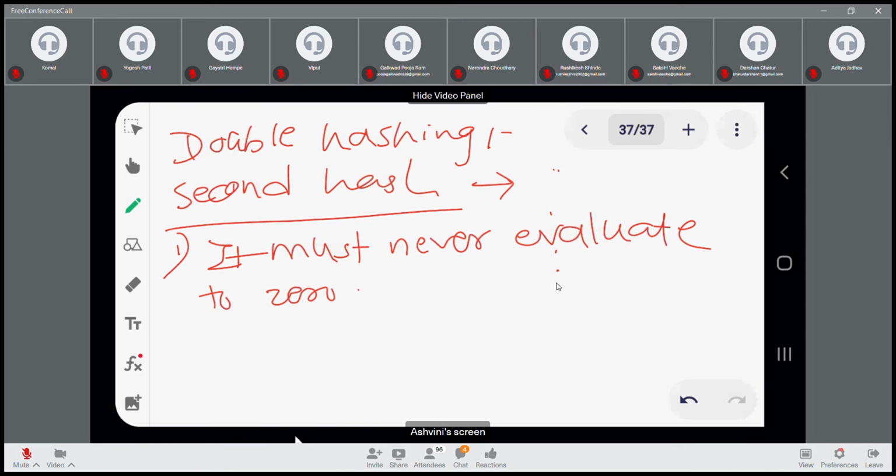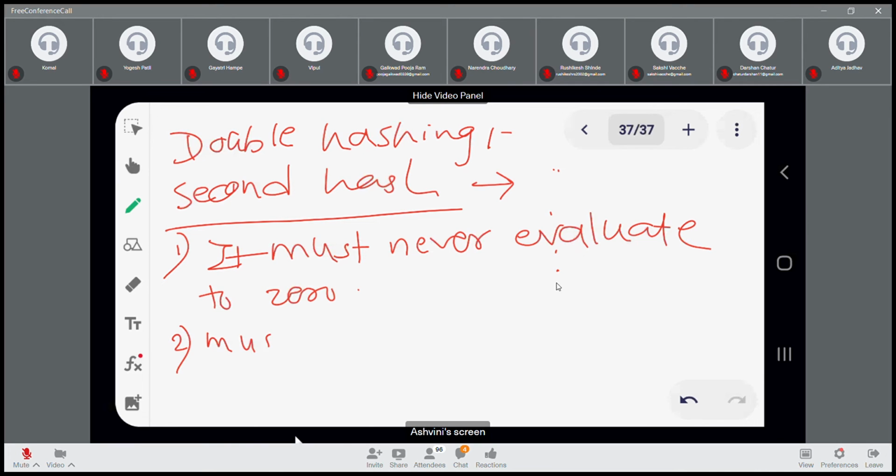Got it? The second rule is it must make sure that all cells can be probed. That means whichever cell is suggested by the second hash function, you can insert a value at that position.